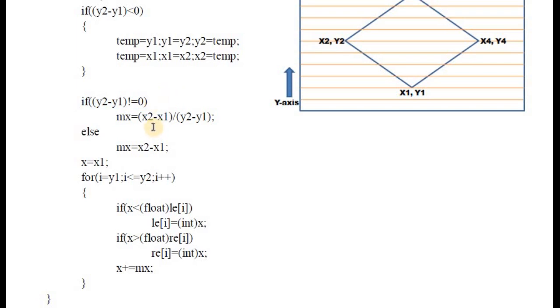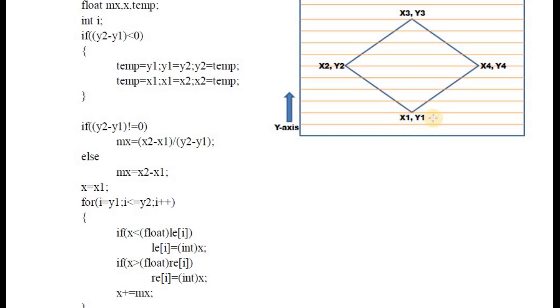Let me take an example. Here x1, y1 is 200 comma 200, and x2, y2 is 100 comma 300. So the value of y1 is 200 and the value of y2 is 300. Is 300 minus 200 less than 0? No, so the swap will not execute. Next it checks the condition y2 minus y1, that is 300 minus 200, is it not equal to 0? Yes, it is not equal to 0.